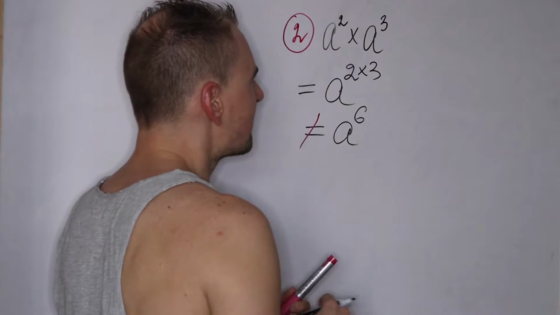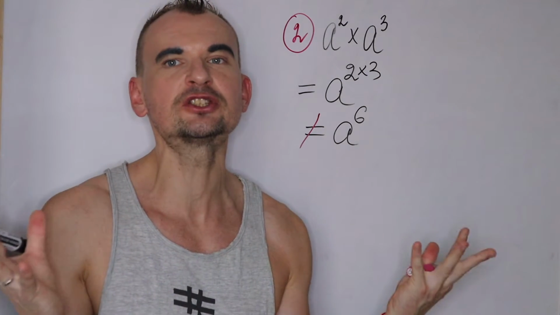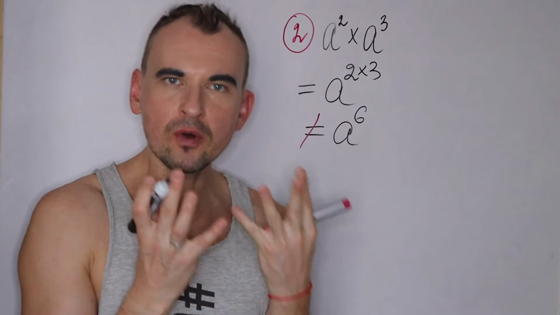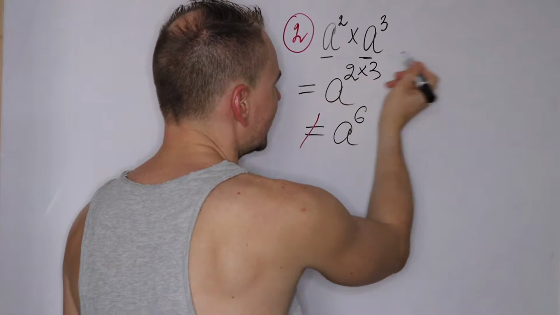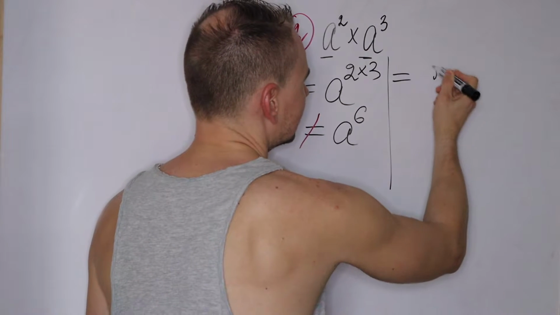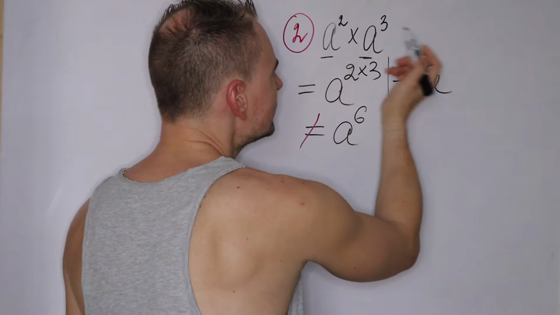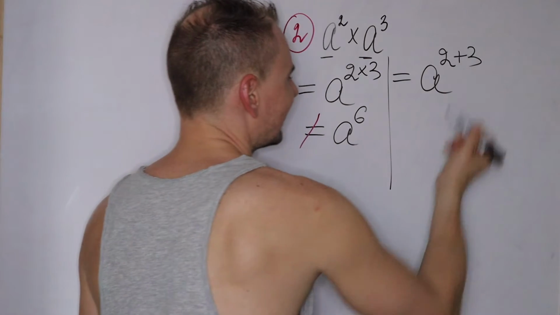Instead of this, remember, when you have 2 indices and you need to multiply them, you need to keep the same base, which is a. And all you need to do is add the powers, so 2 plus 3.